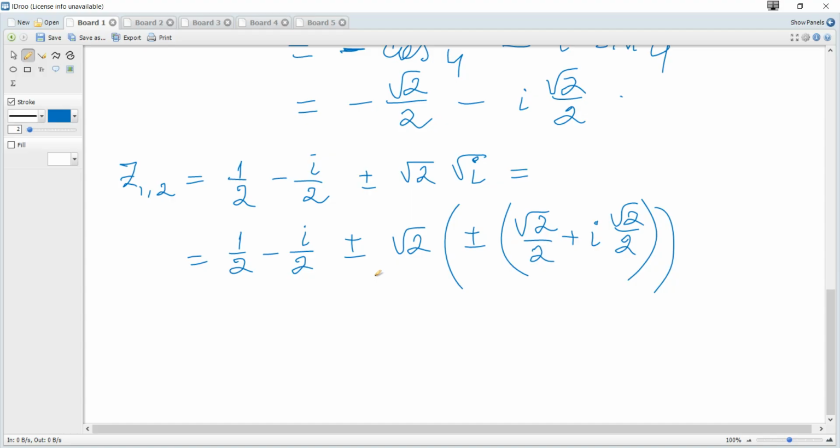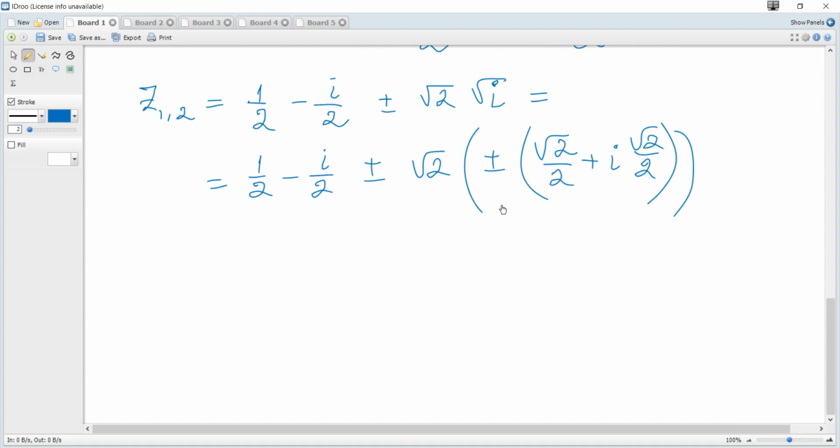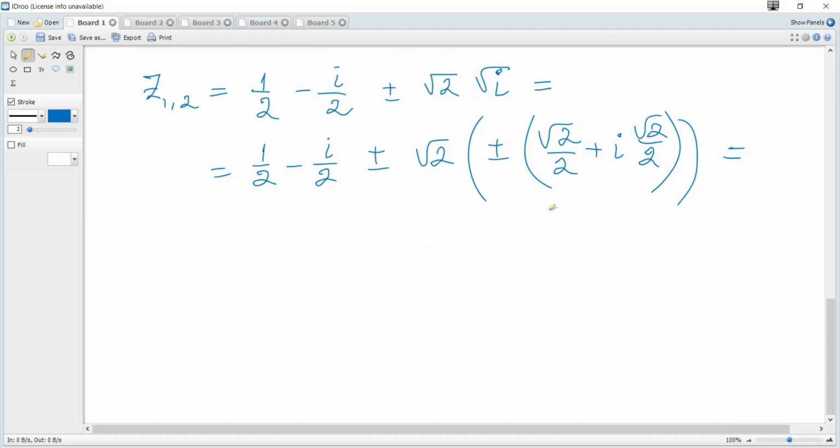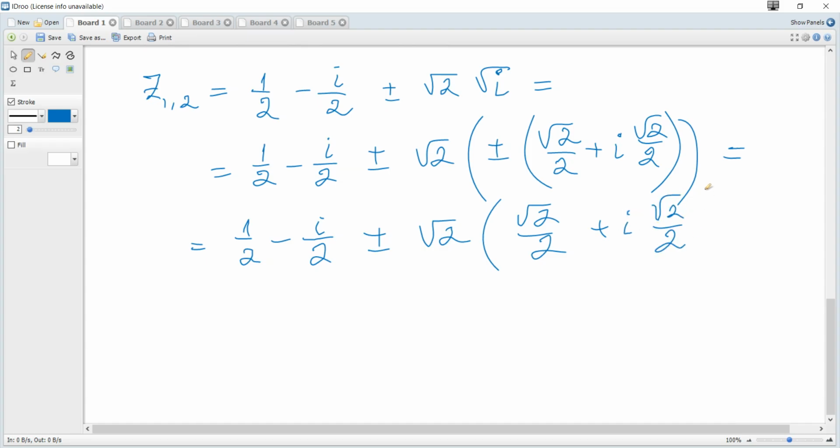In general there are 4 possible combinations: plus plus, plus minus, minus plus, minus minus, but 2 of them will be equal, and there will be only 2 different solutions. Eventually it becomes: plus minus root 2 times root 2 over 2 plus i root 2 over 2.